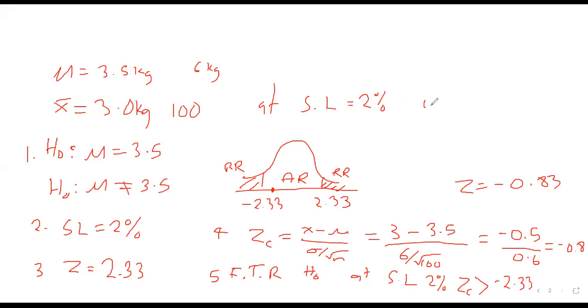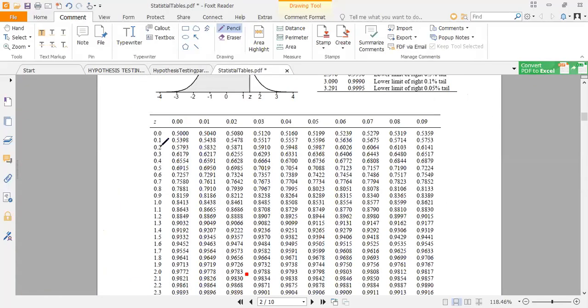Our alpha here is 0.02. We'll have to go into the Z table, 0.08 and under 3.